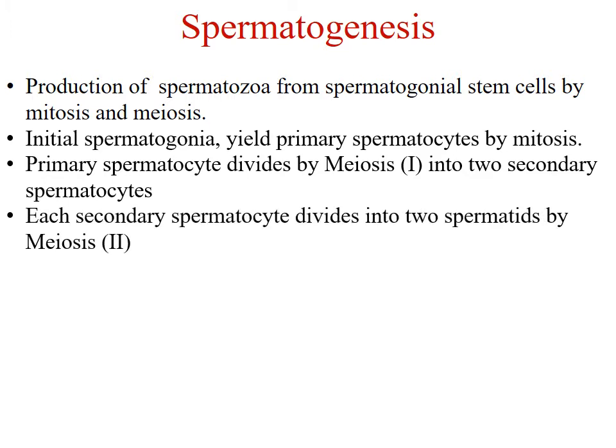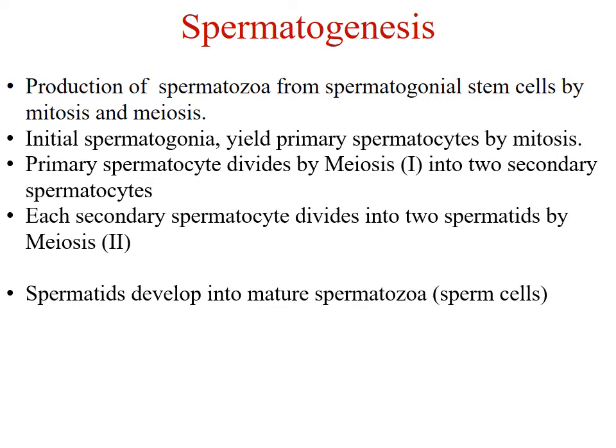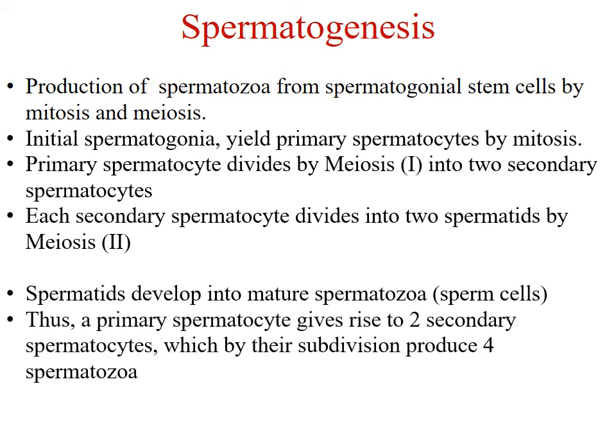Each secondary spermatocyte then divides into two spermatids by the second meiosis. Spermatids develop into mature spermatozoa, which we call the sperm cells. Thus, a primary spermatocyte will give rise to two secondary spermatocytes, which by their division produce 4 spermatozoa.